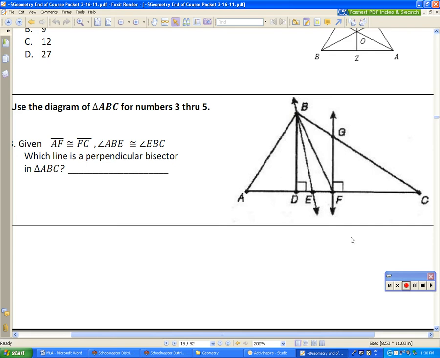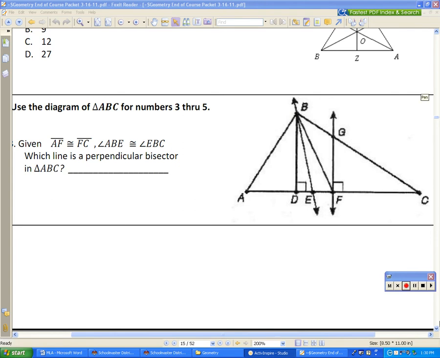But it also has to cut one of the sides in half. And since it says AF is congruent to FC, that means GF must be our perpendicular bisector. And the answer there is GF.